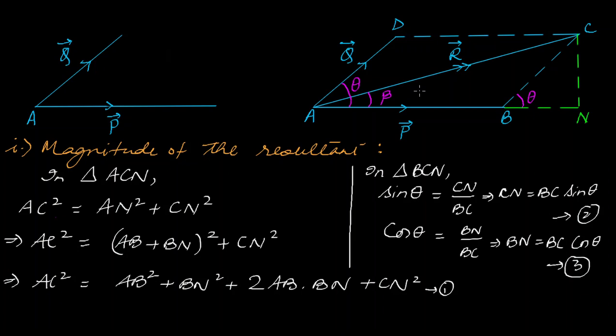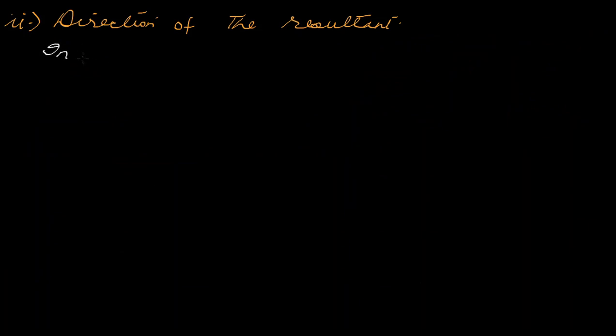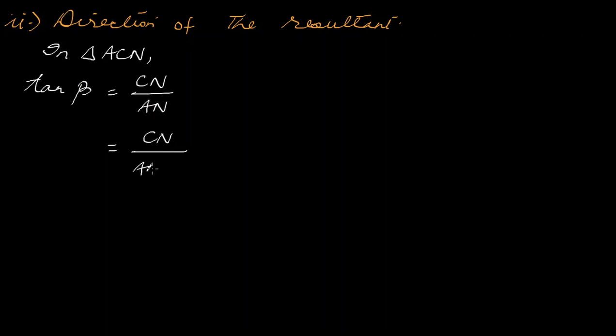Okay, so we take this triangle ACN once again. In triangle ACN, tan of beta is perpendicular by base, so tan beta is CN by AN. So this will be CN, but what is AN? AN is AB plus BN, right?